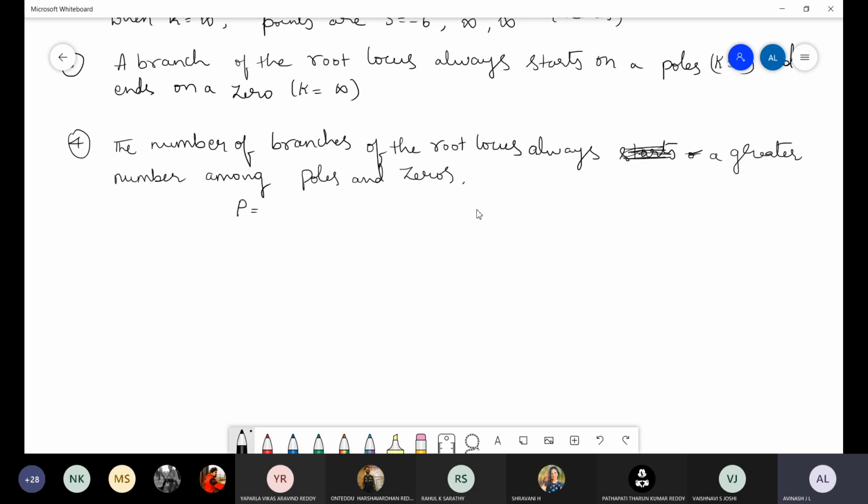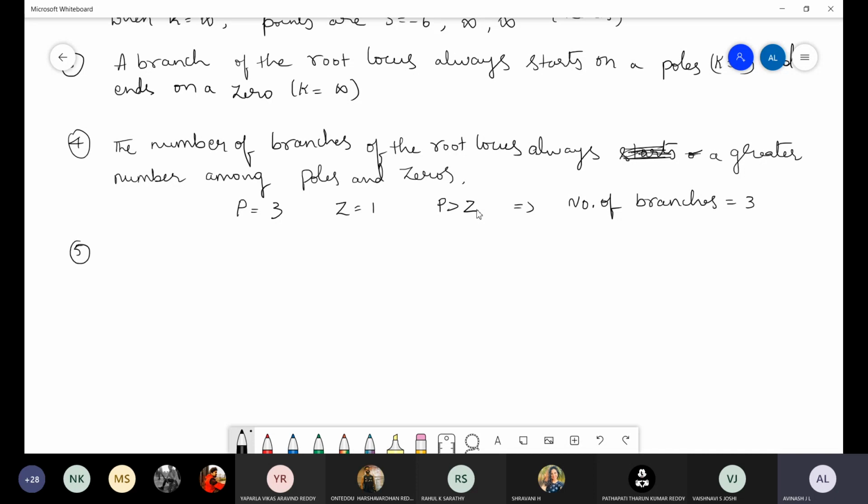There are 3 poles and Z equal to 1. So obviously P is greater than Z. So it implies the number of branches is equal to 3. Okay, that is the fourth step.